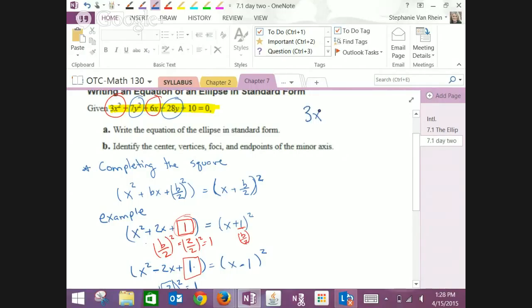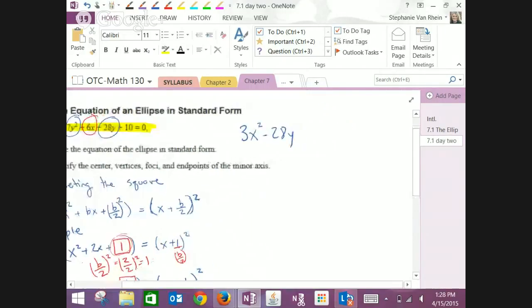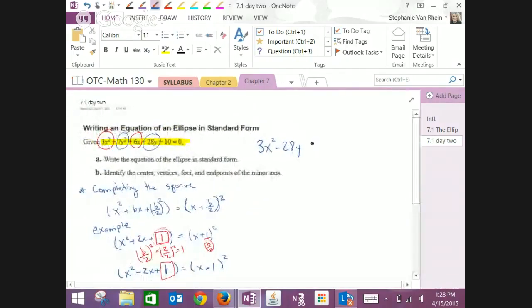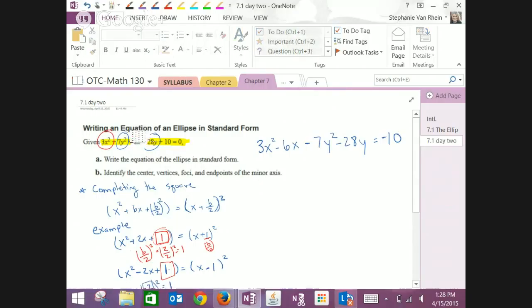So I have 3x squared minus 6x, minus 7y squared minus 28y equals minus 10. Is it plus? Sorry. When I circled it, it looked like a minus. So plus 6. Thank you. Is it a plus for the 7? I think so too. When I circled it, it went right through the plus.